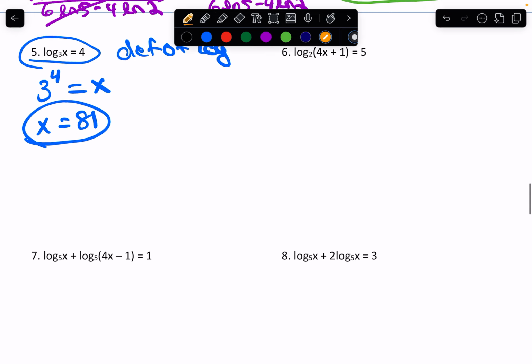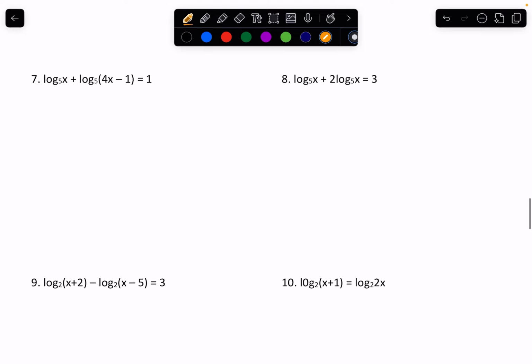Okay, next one, number 7, right here. What we're going to do here is use the product property. We have the same base for the logs, and we have an addition.